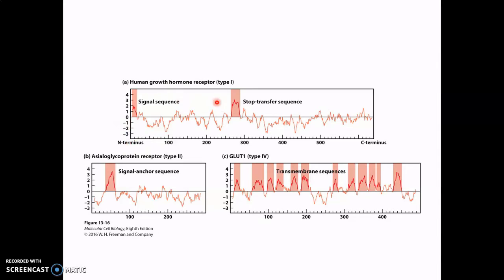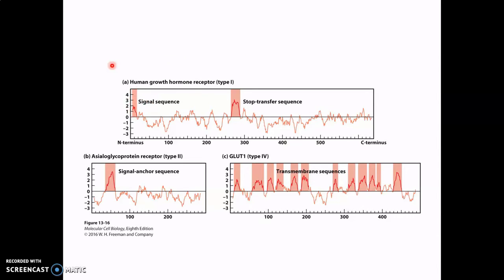So here we have a protein that has a lot of hydrophilic region and a couple of very key hydrophobic long regions, right? So this is long enough to fit across a membrane. This right here is long enough to serve as a signal sequence.